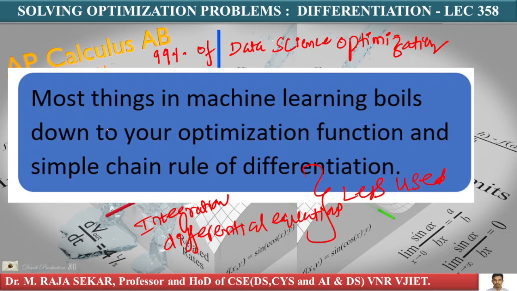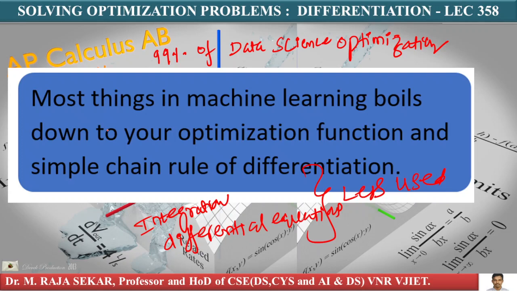For example, PCA, logistic regression, linear regression, even techniques like support vector machines, for which understanding optimization and basics of differentiation is super important. Having said that, let's dive into understanding differentiation.